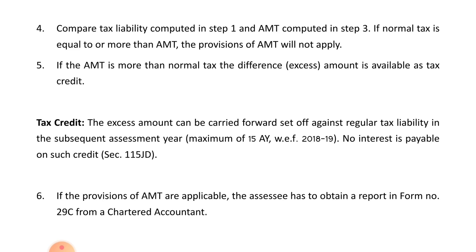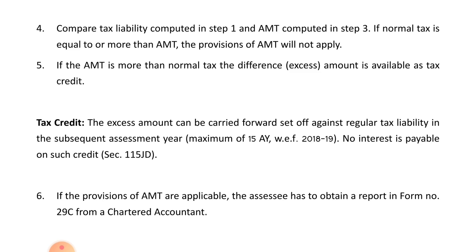Suppose carry forward tax credit is 40,000. Remember this point. Carry forward tax credit, that is tax credit available to the firm, is 40,000, and the normal tax, that is tax on total income, is 1 lakh and AMT is 80,000. The difference between the two is 20,000.